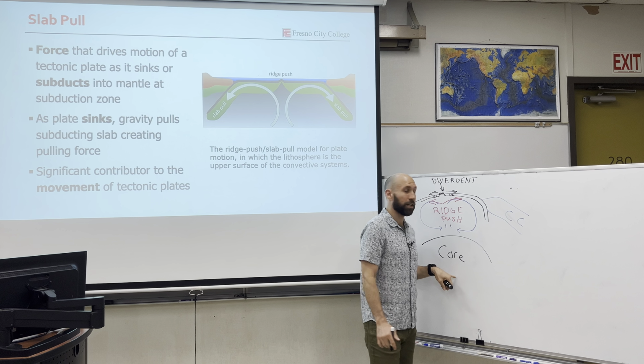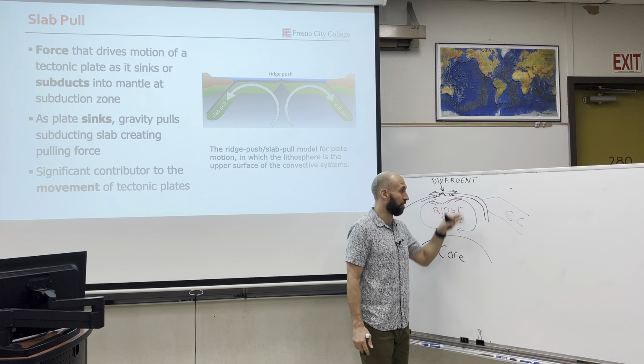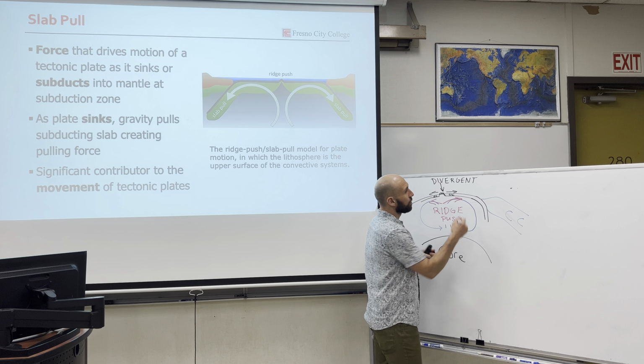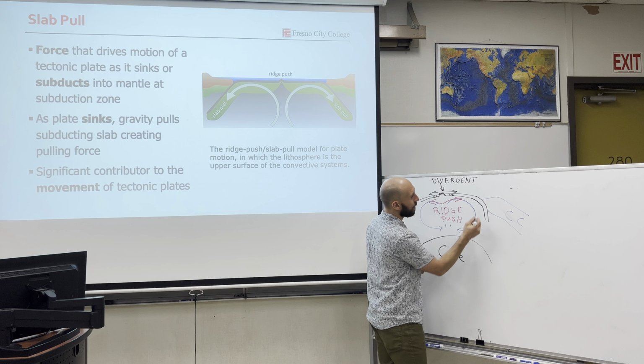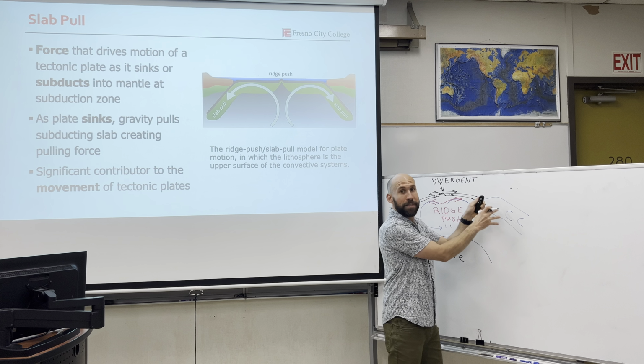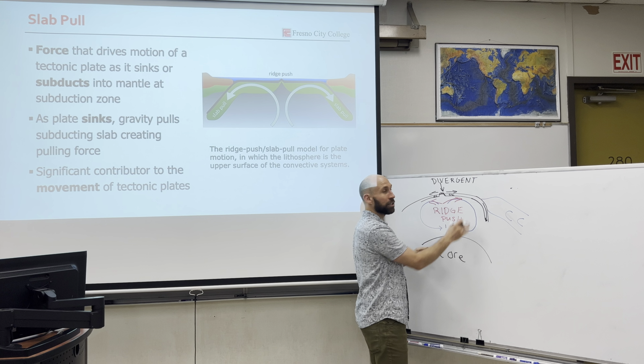That's how come the center of the Earth, the iron nickel core, is solid, because of the overlying weight of the rocks. It's really heavy. So oceanic crust subducts underneath continental crust, and as it descends down into the earth, the weight of that tectonic plate actually pulls the rest of it with it.